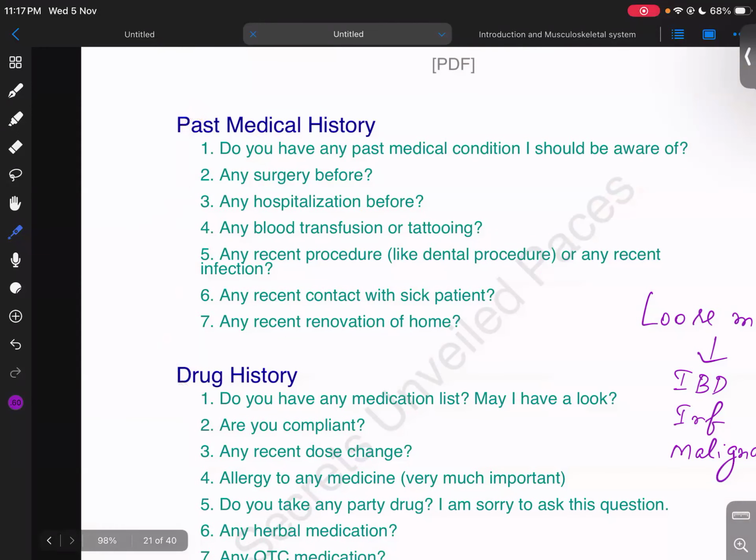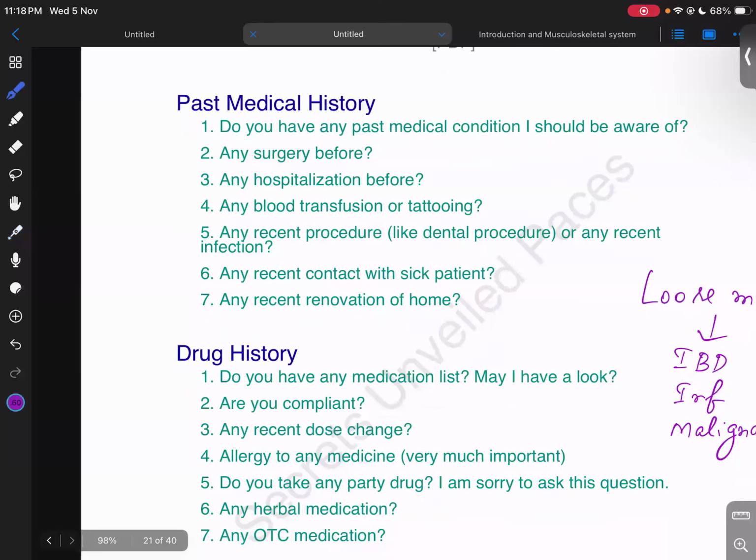In the question, if you see any recent infection or any recent procedure or any surgery, there will be another set of questions, that is any recent injury.